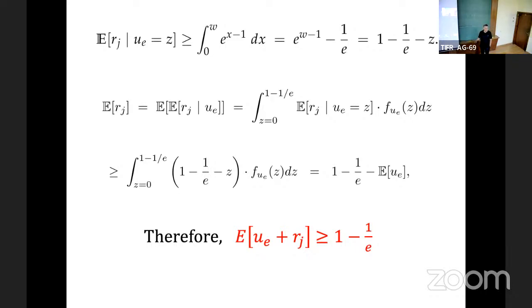And any other questions? Okay, so we are done, and it didn't take long, right? But we had to wait for 31 years, so it did take long, right? So I just want to make one remark here: what I got here is really that the expectation of UI plus Rj is at least 1 minus 1 over e for every edge ij.